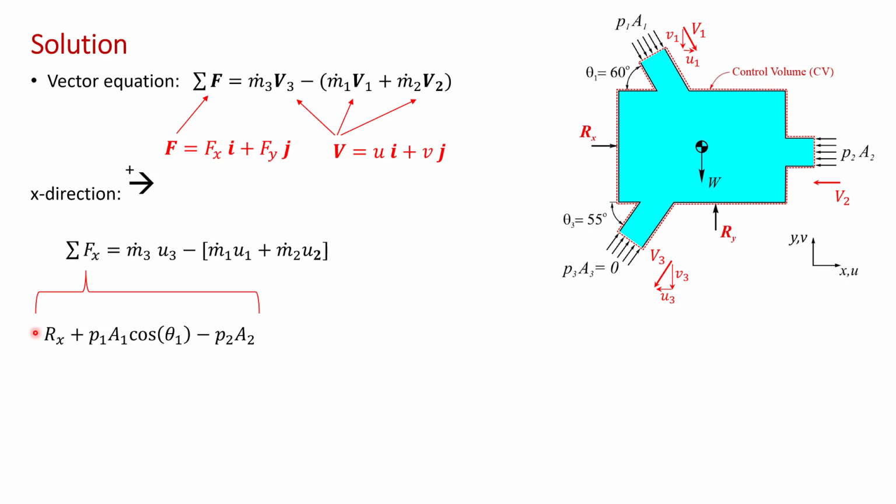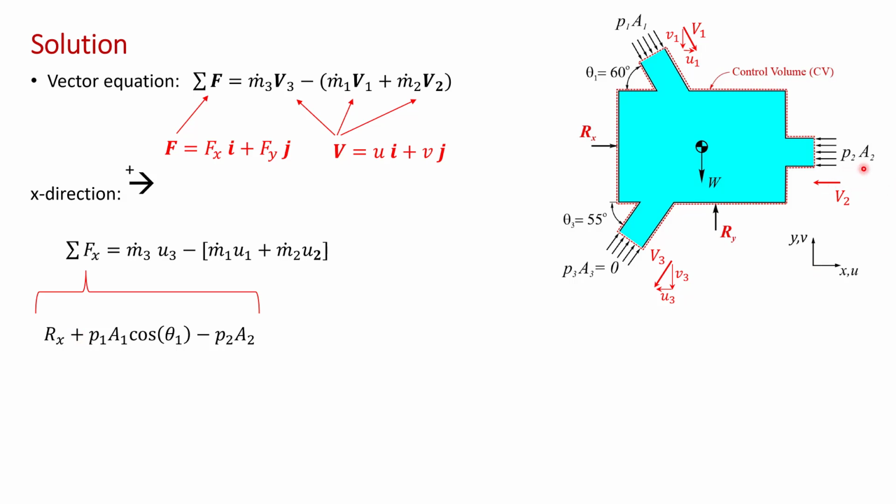Okay, so now what we're going to do is consider the sum of the forces. So looking at our free body diagram, we have Rx in the positive x direction, so plus Rx. P1A1 has a component in the positive x direction, and its component is P1A1 cos theta 1, and that's positive because it's in the positive x direction.